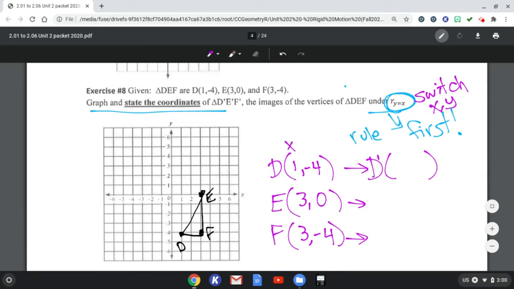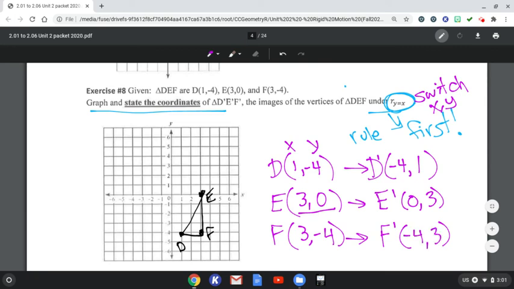So if our x values are 1 and -4, it's going to become -4, 1. E prime, if it's 3, 0, is going to become 0, 3. And F prime is going to become -4, 3.